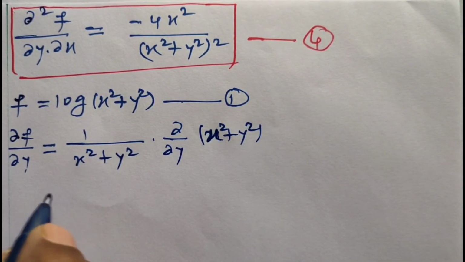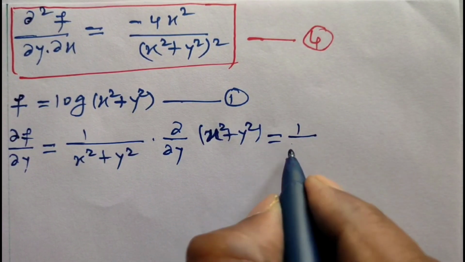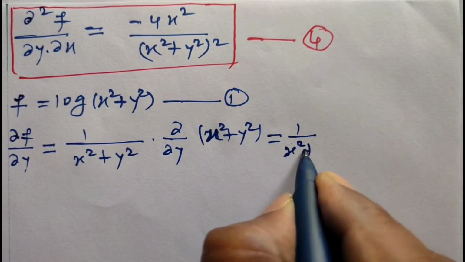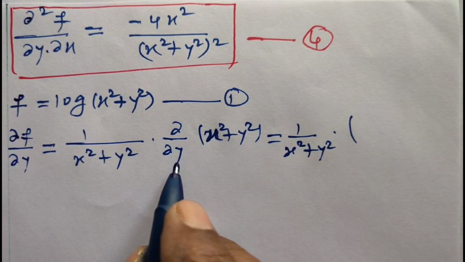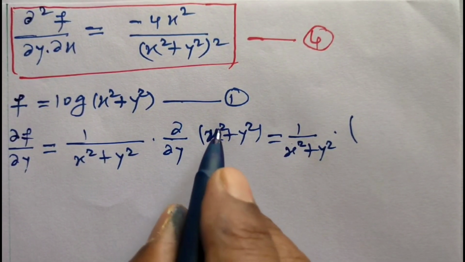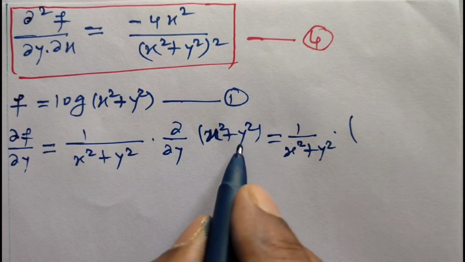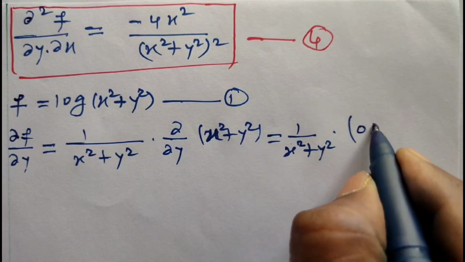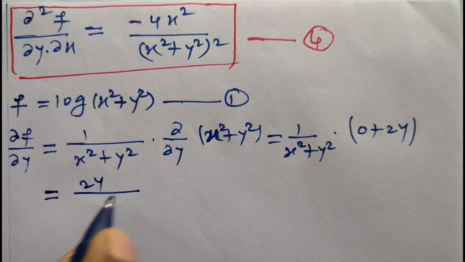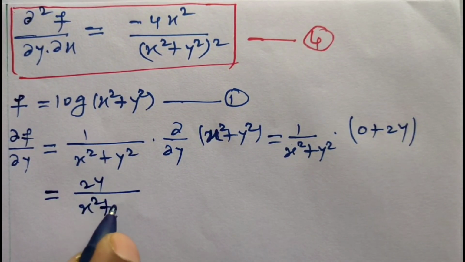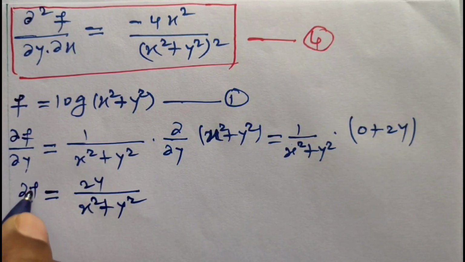This is equal to 1 upon x² + y² into derivative of x² + y² with respect to y. Derivative of x² will be 0 because x² is a constant term, and derivative of y² will be 2y. 0 + 2y. So this is equal to 2y divided by x² + y². This is the partial derivative of f with respect to y.